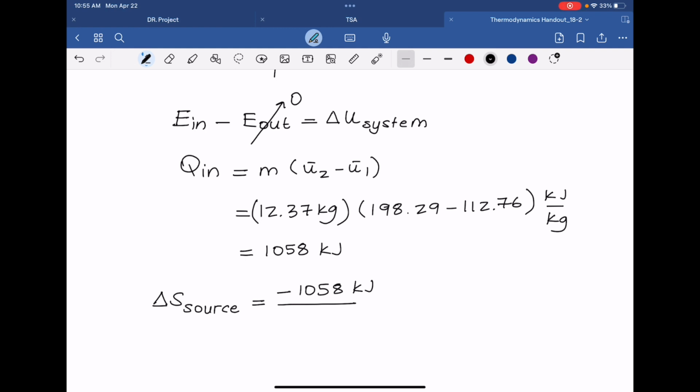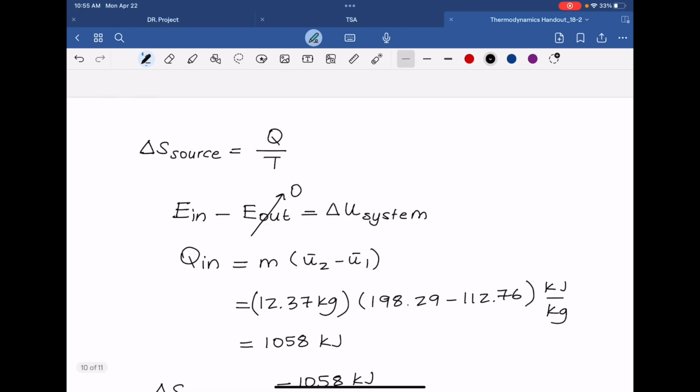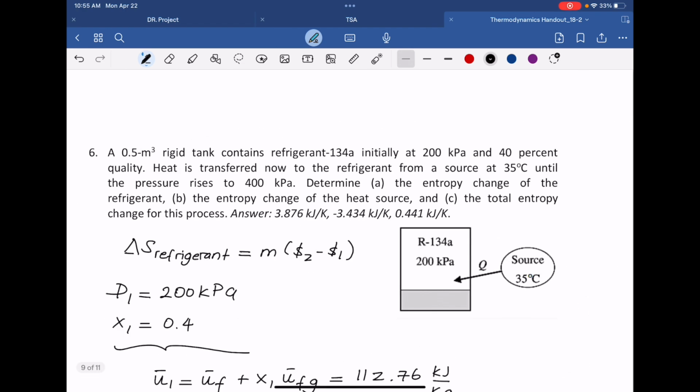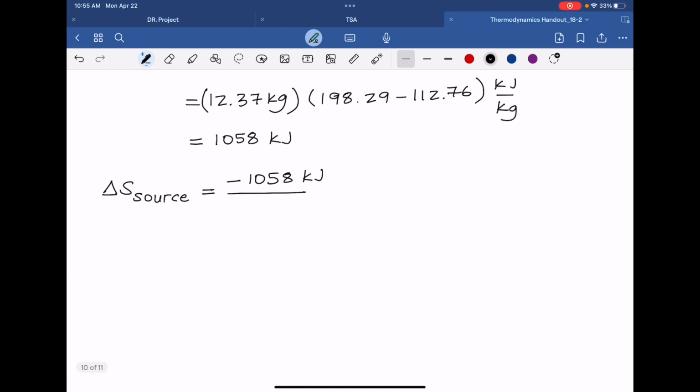The temperature of the source was, I think, 35, okay, 35 plus 273, 388 Kelvin, and minus 3.434. This has to be a negative value. If it's not, you're making a mistake.